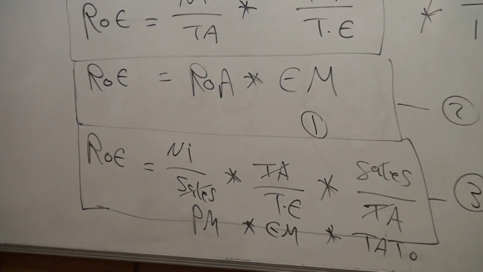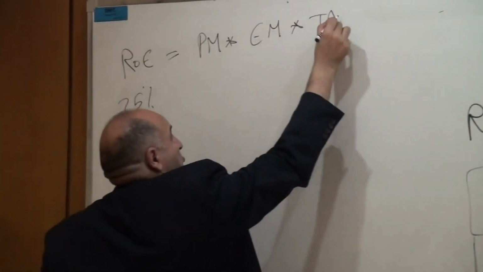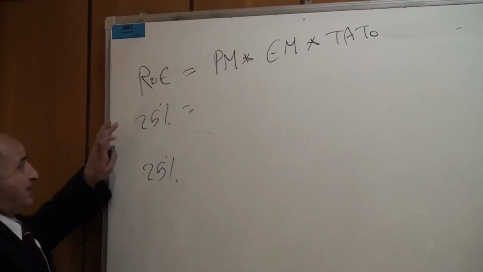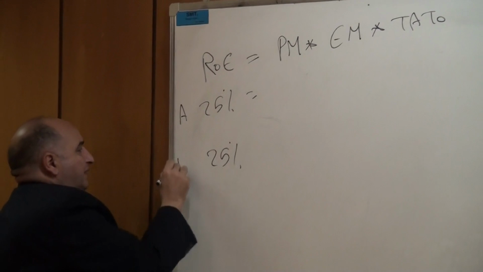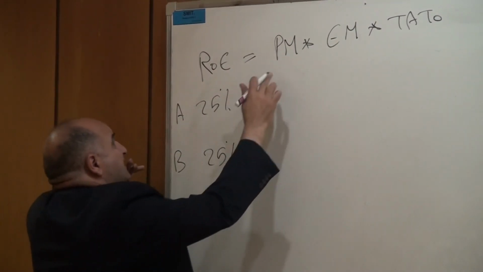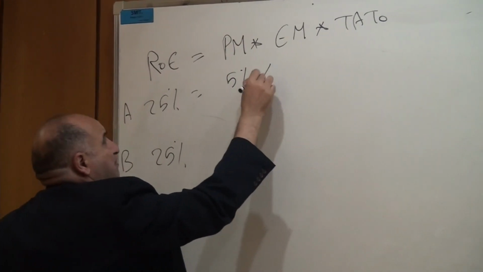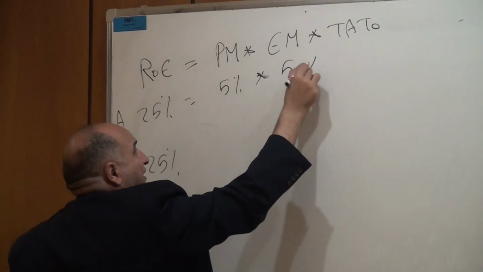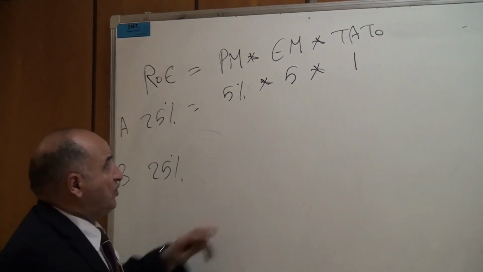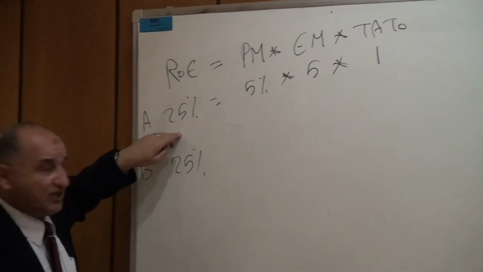By analyzing company A's ROE, we found that the profit margin was 5%, equity multiplier was 5, and total asset turnover equals 1, so 1 multiplied by 5 multiplied by 5% gives me 25%.